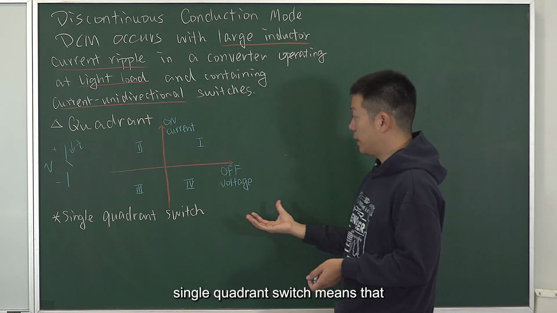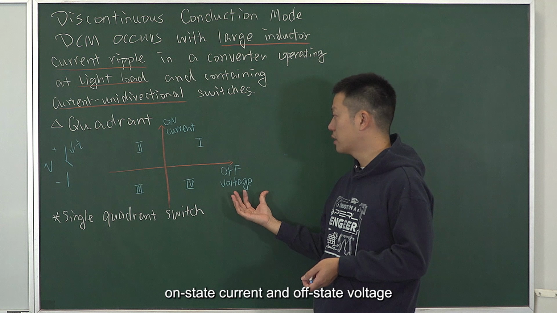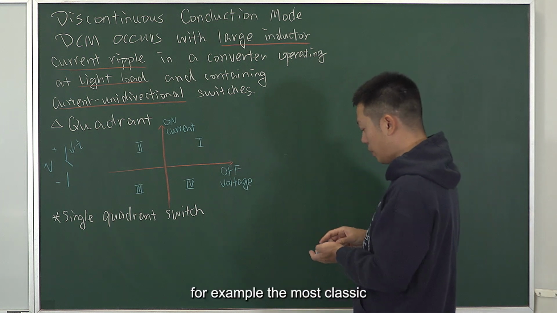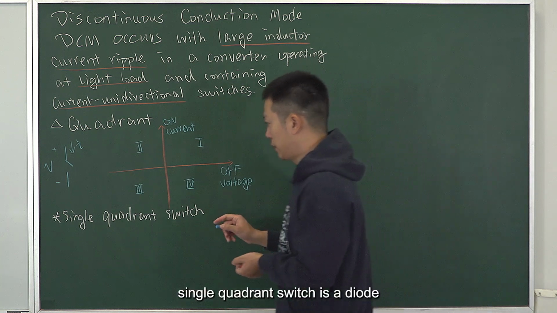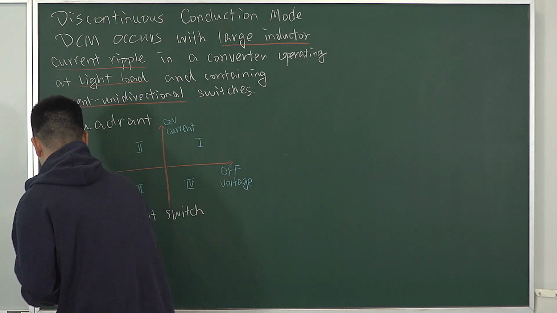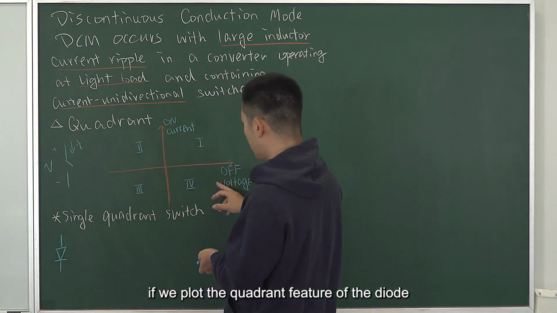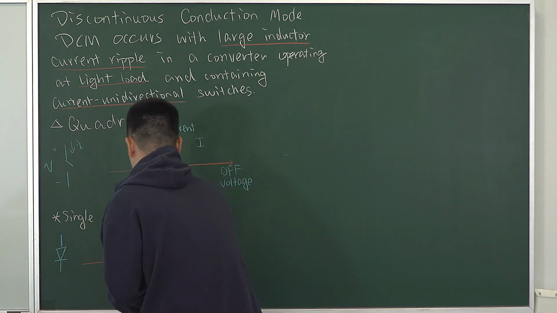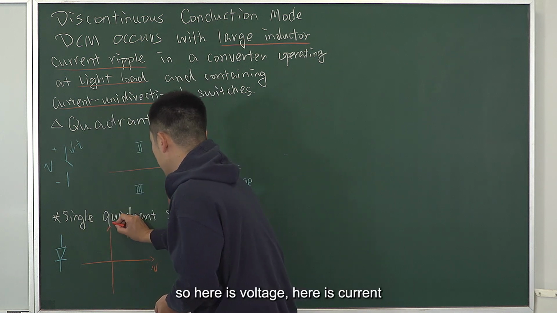Single quadrant switch means that on-state current and off-state voltage can only occur in one specific quadrant. For example, the most classic single quadrant switch is a diode. If we plot the quadrant feature of the diode, here is voltage, here is current.